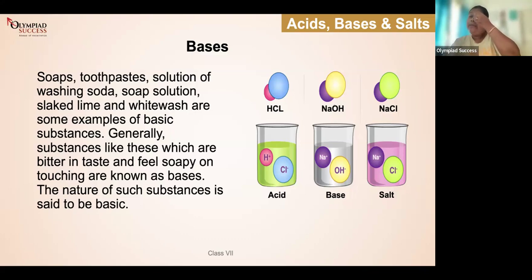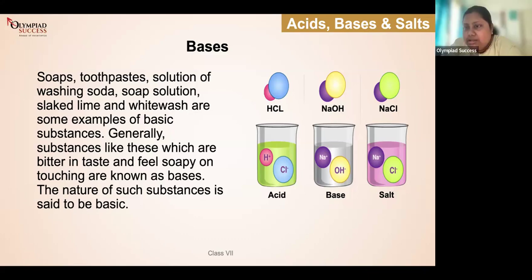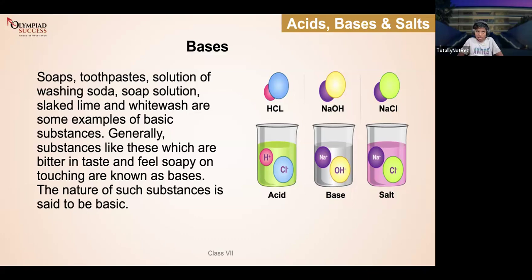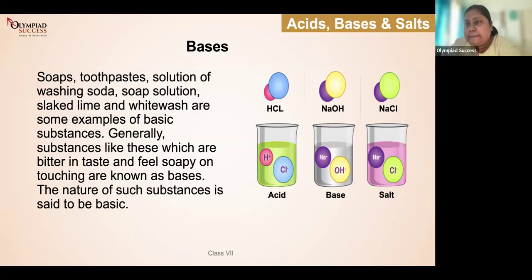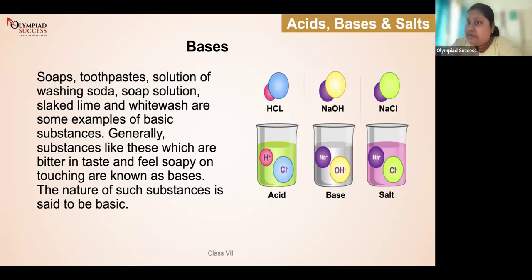Do you know about the pH range, Zamrez? What is the neutral pH range, acidic pH range, and basic pH range? 1 to 6 is acid, and 7 is neutral, like water, and more than 7 is basic. Very good.